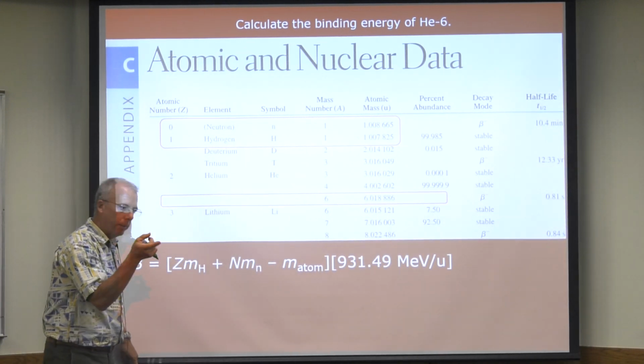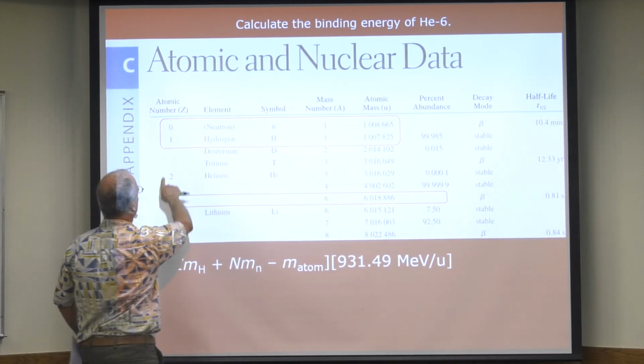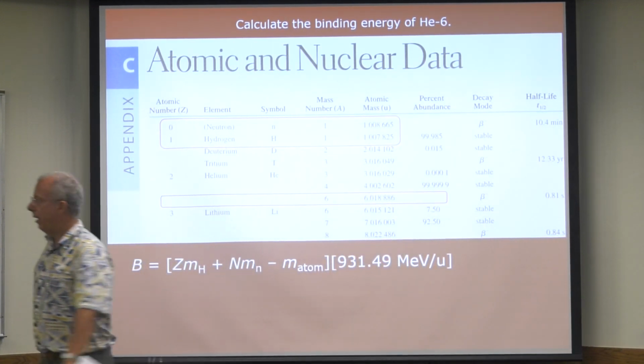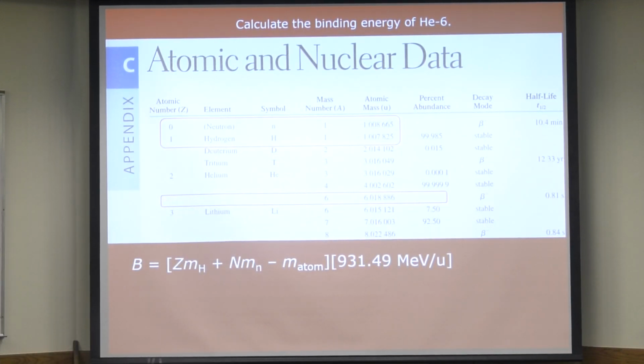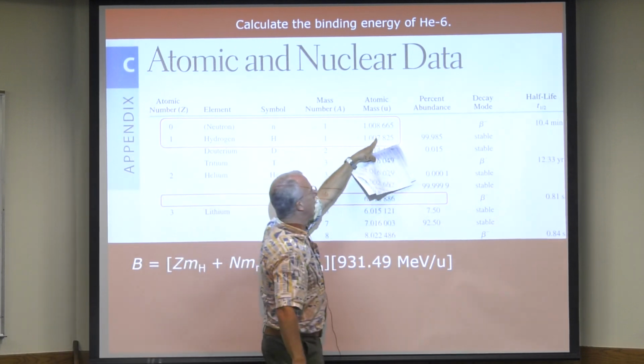Hydrogen is the proton plus the electron. So what's the atomic mass of hydrogen? Right there. Yeah, a lot of sig figs, right? 1.007825. And you've got to keep all the sig figs. Don't round. So that's Z, 2, times the mass of hydrogen right there.